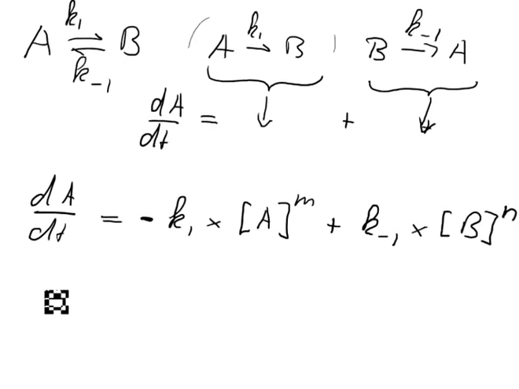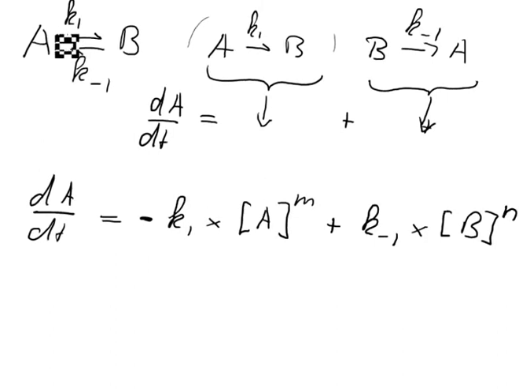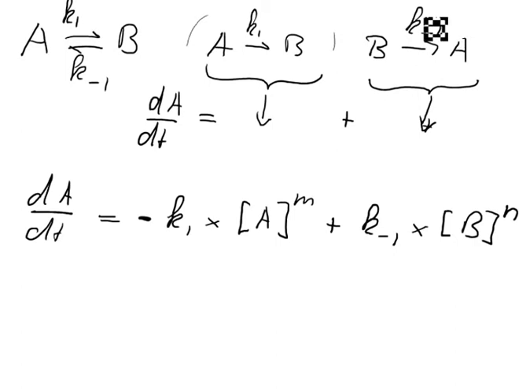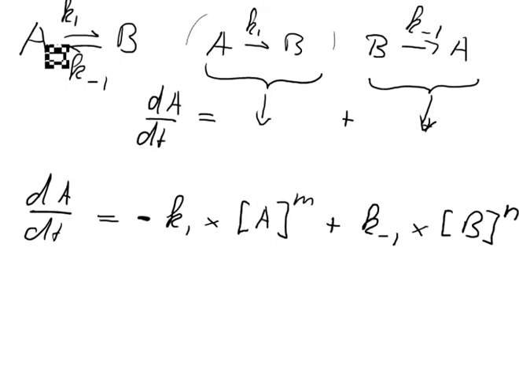However, at a certain point, we can imagine that the forward reaction equals the reverse reaction. In this case the forward reaction is exactly the same as the reverse reaction. As much as A is consumed, A is also produced, and there wouldn't be any change.